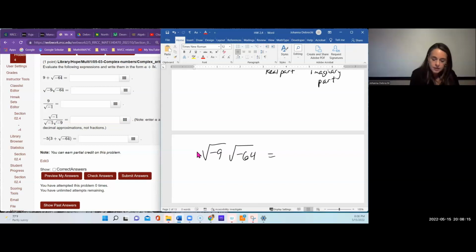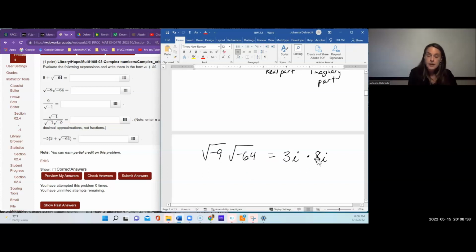Again, when we look at these, remember that the negative under the square root is going to give us an I, and the square root of 9 gives us 3. That gives us 3I times, because these were multiplied. The negative under the radical gives us an I, and the square root of 64 is 8. 8I. The 3 is the imaginary part here.